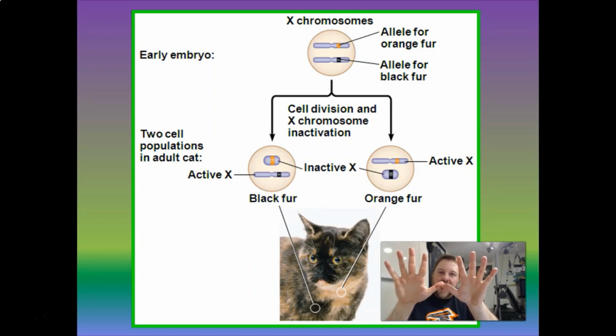If she turns off the black, that cell's going to make orange. And if she turns off the orange and inactivates that into a Barr body, that cell's going to make black. So female cats, really cool. They can be walking around with these different coat colors, and you know it's because, oh wow, when she was an embryo, she turned off certain chromosomes in there. Pretty neat stuff, right? And I have an article about that you guys can read.